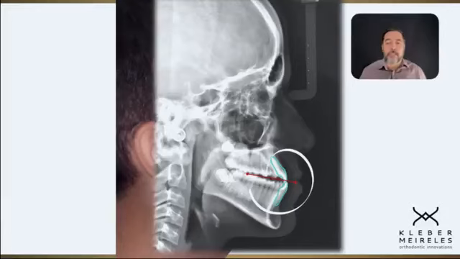I want to extrude anterior teeth and posterior teeth. I want, of course, the maxilla to go forward, but it's not going to do that in most cases just because we want. We have some restrictions for this, but the vertical is our friend. When the vertical can be increased, it is our friend.